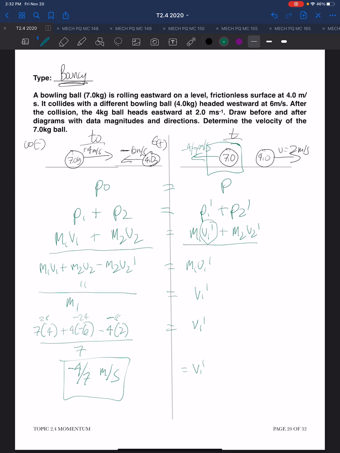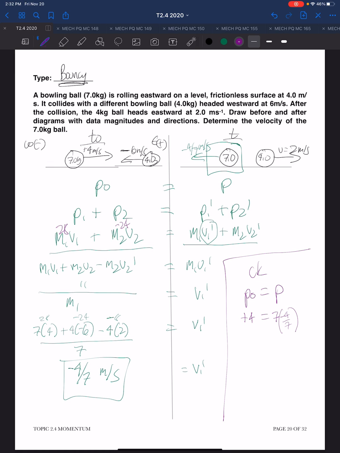Now we can do a check to see whether the momentum before equals the momentum afterward. The momentum before is plus 28 and minus 24, which gives us plus 4. Does this situation give us plus 4 momentum afterward? Afterward we have M1, which is 7, and V1 prime, which is minus 4/7, giving minus 4.